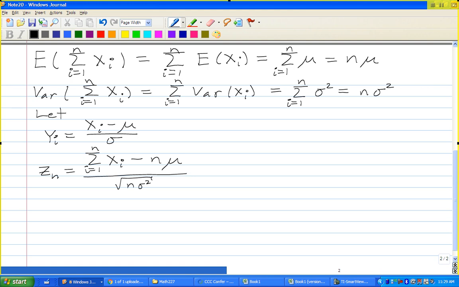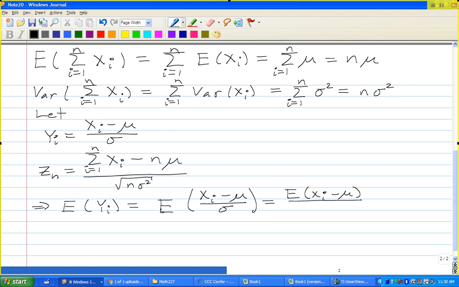So then the expected value of yi is the expected value of xi minus mu over sigma, which by the properties of the expected value is just the expected value of xi minus mu, over sigma.